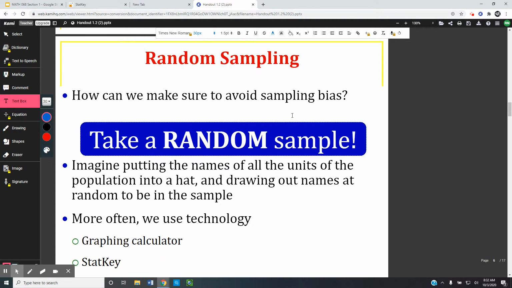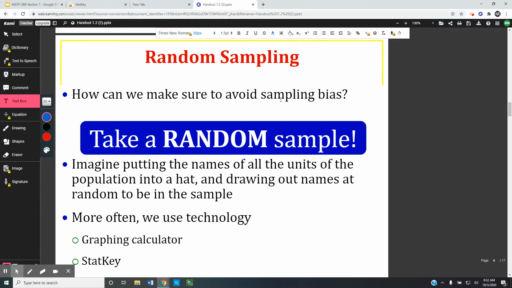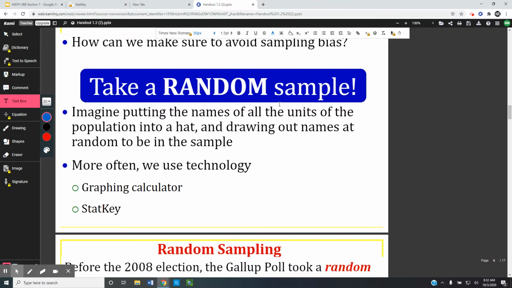In random sampling, the biggest thing, and it's in huge letters for you, is to take a random sample. For instance, this is a really good idea: you take all the names of everybody in a unit, maybe a class or the campus, and you put them all in a hat and draw out names at random. That is a super random, non-biased way of doing things.